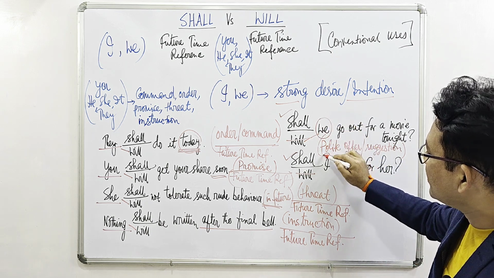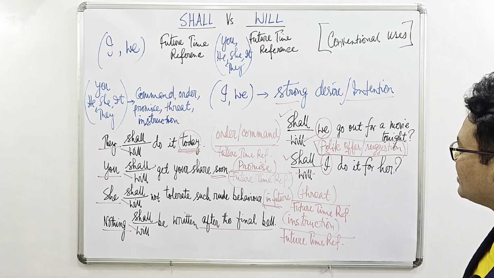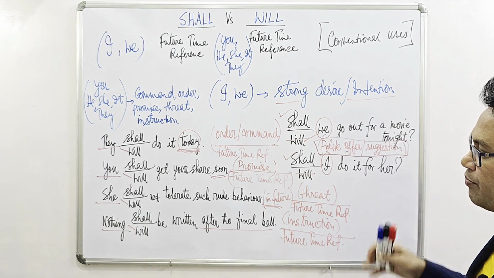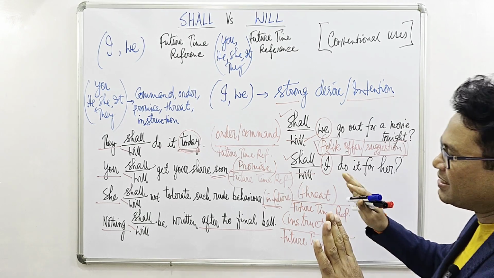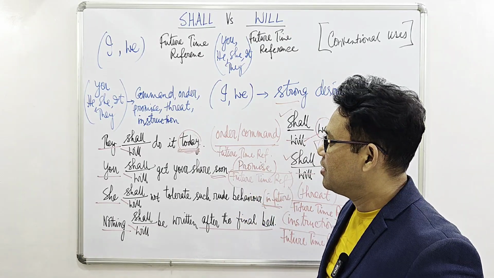So we and I are used. So remember these four situations and these two questions to indicate polite offer or suggestion, and that is how you will be able to distinguish between shall and will in specific cases.